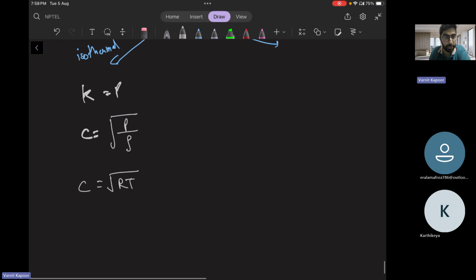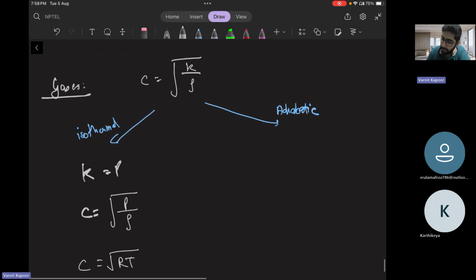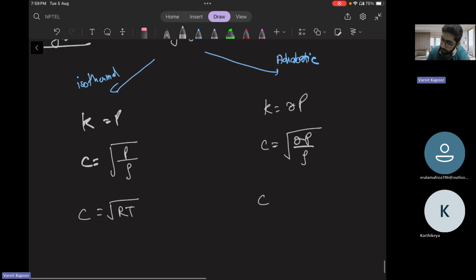This was given by Newton. Whereas for adiabatic, K is gamma times P, so C will be root of gamma P by rho. That is, C is nothing but root of gamma RT, and this was given by Laplace. Okay, is it clear? Yes, yes, sir.